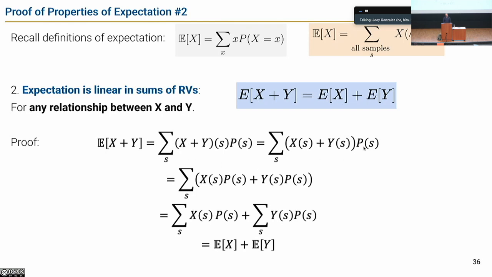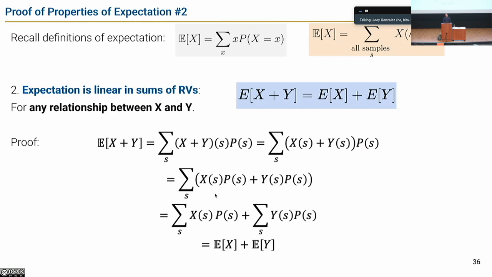I can take this probability, these functions, put the s on the inside. So this is the function x(s) and y(s). So this is just moving that function operator over. Now I can distribute this probability inside of this summation. So I now have a sum of x(s) p(s) plus y(s) p(s). This already starts to look like two expectations.